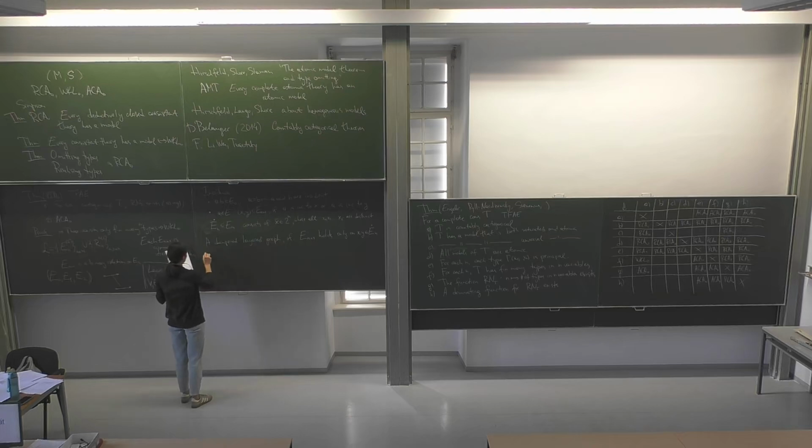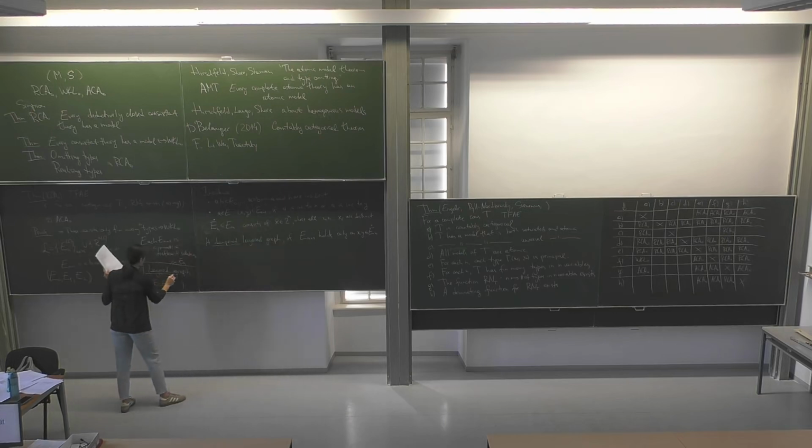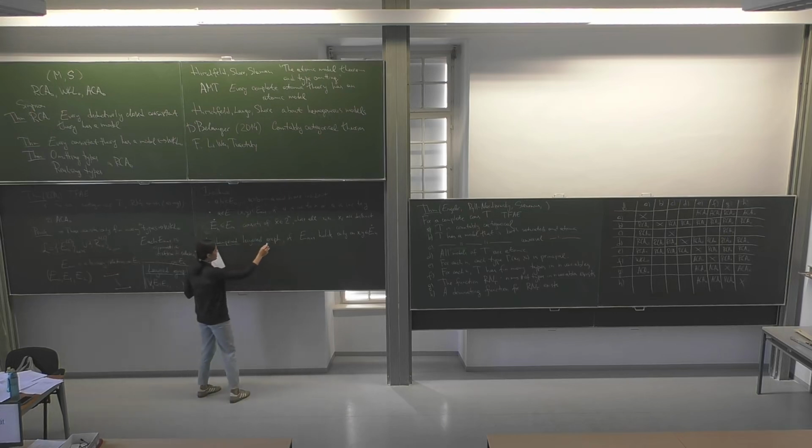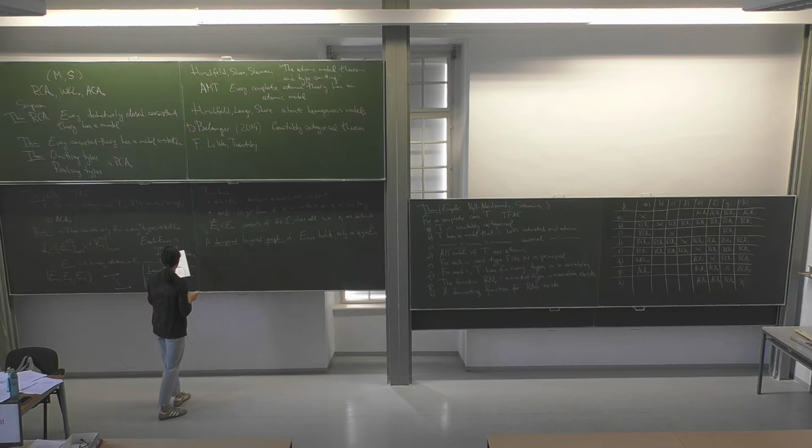So this was a definition. Another definition. Graph was a definition. And now we need another definition: complete bipartite graph.